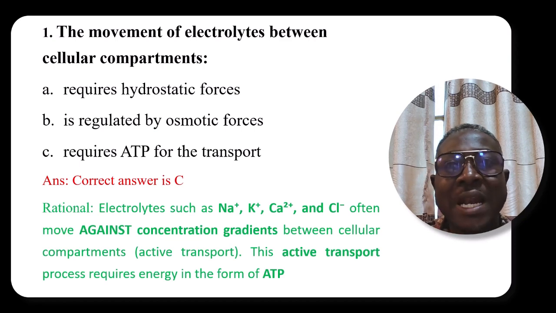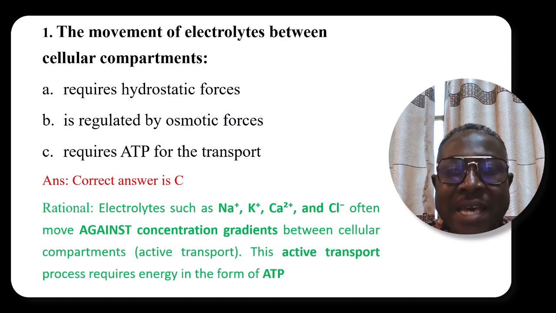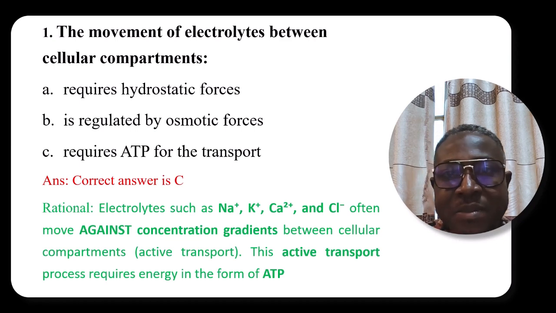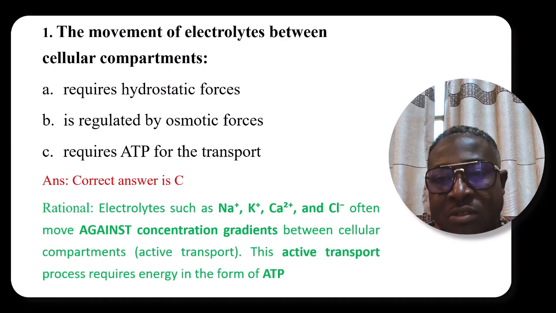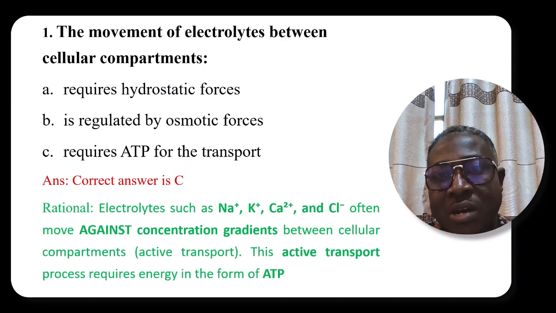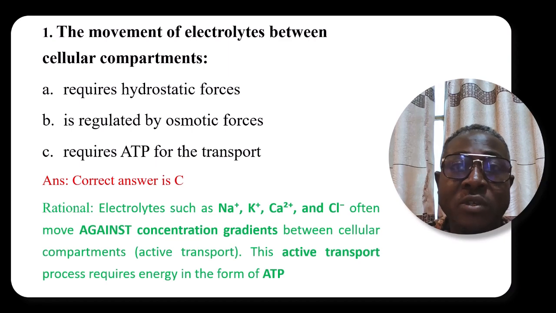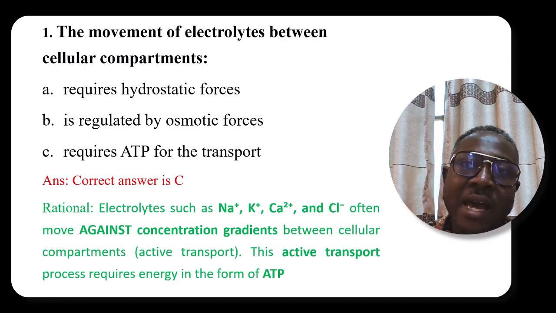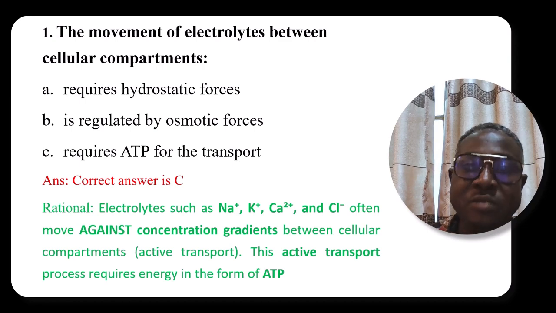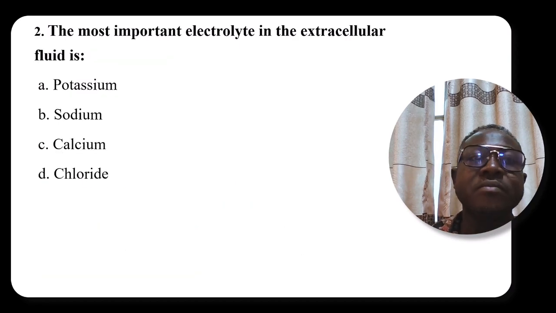But when it comes to electrolytes, they move against the concentration gradient. That means moving from a lower concentration to a higher concentration, and there's a certain energy that is needed, which is in the form of ATP. And that is why the answer here is C. Alright, now let's move on to the next question.